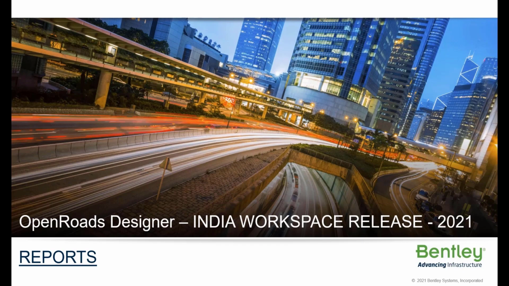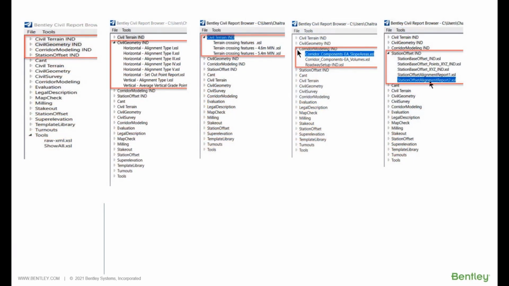So moving ahead, the next one we have is the reports. By default, we have a lot of varieties of reports which are part of OpenRoads Designer. Apart from this, for this 2021 release, we have new report formats that have been added, which you can leverage.